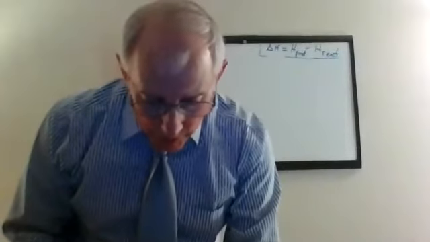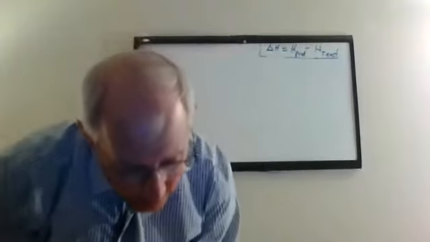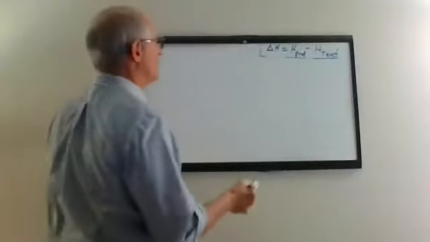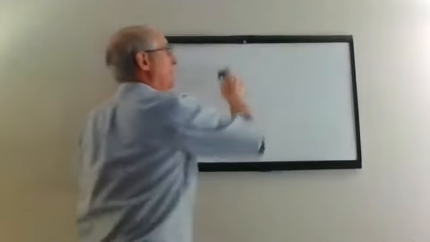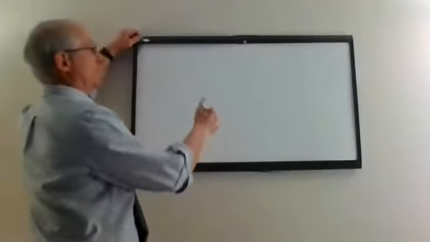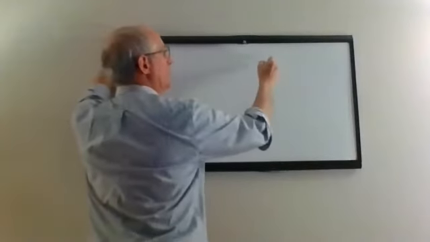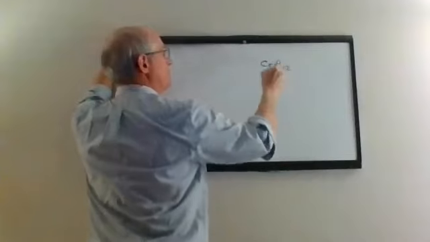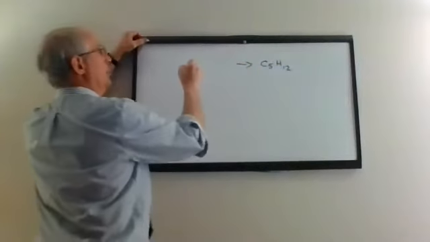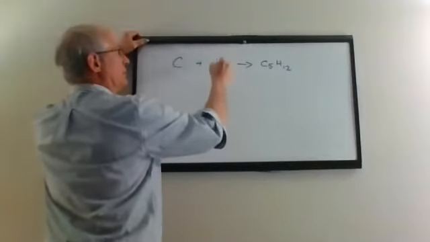So we want the formation of pentane, C5H12. Of course, we're going to form that. That means we take the constituent elements of C5H12. That would be carbon and hydrogen.